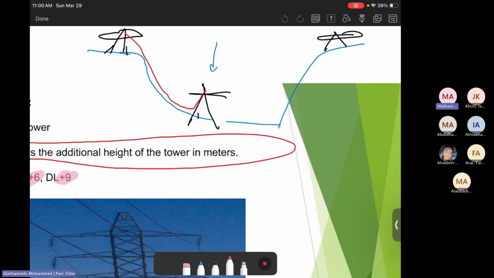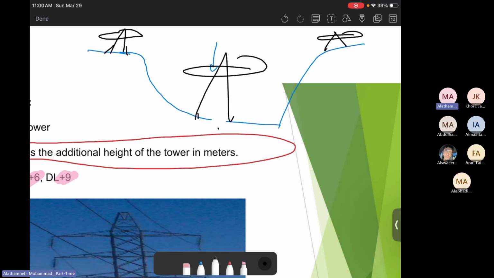So we need to make it extra length. Then we add an extra length here. So the wire will not be very close to the ground. That's an example of adding extra length. And the same thing here, depending on where the highest of the positions is.